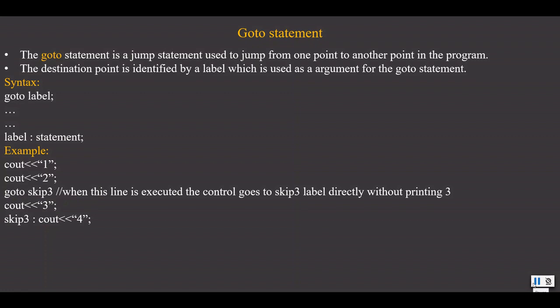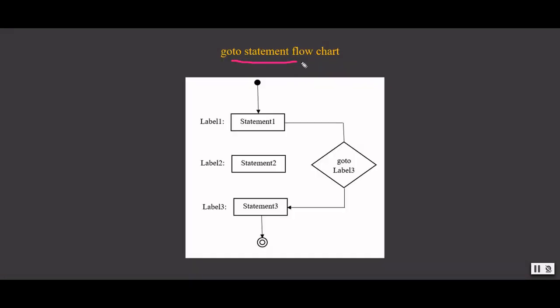Let's look into the flowchart of this goto statement. So this is the flowchart for the goto statement. Here are 3 statements, statement 1, statement 2 and statement 3, which are associated with 3 labels, label 1, label 2 and label 3. These lines with arrows tell the flow of direction of the program control.